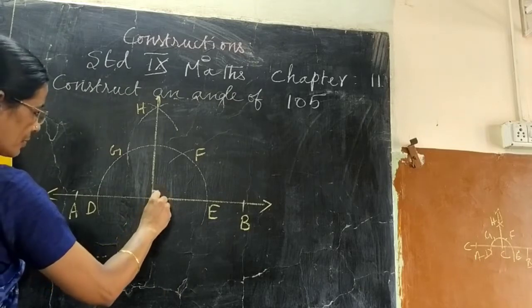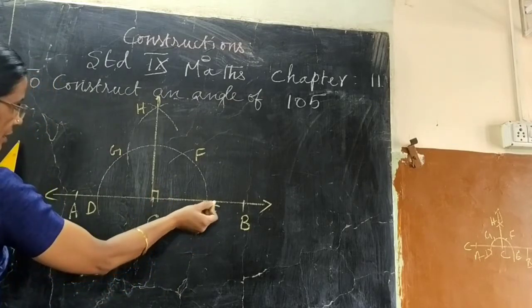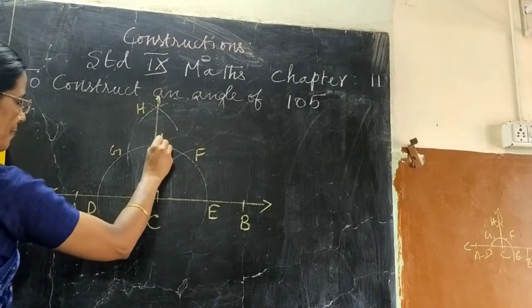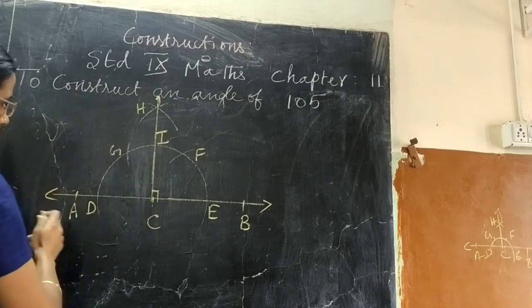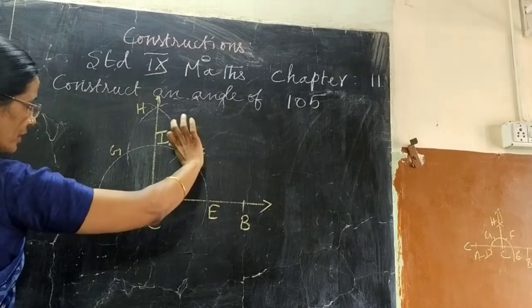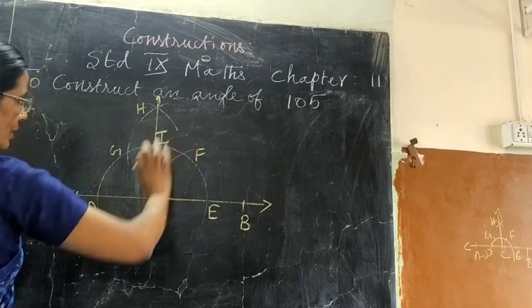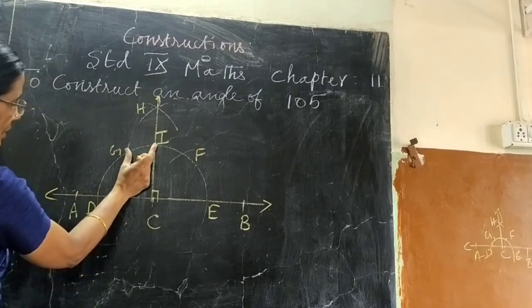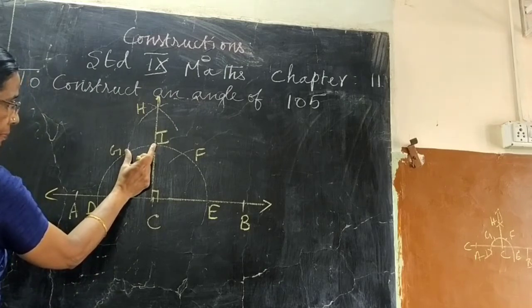This is 90 degree. We know here to here is 90 degree, right? Here to here is 60. Here to here is 30. Similarly, here to here is 30 degree, right?